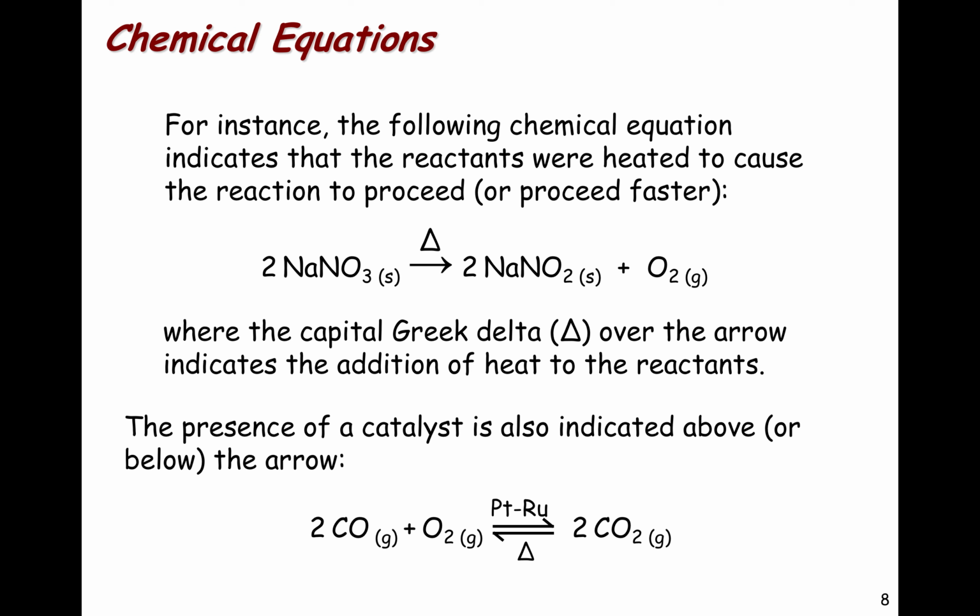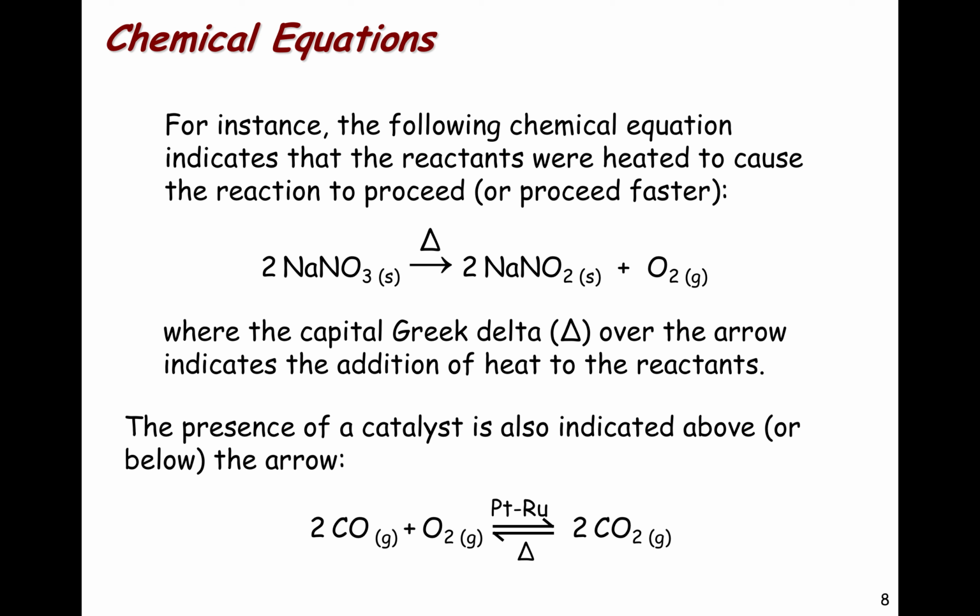The other kinds of information that you'll sometimes see above or possibly below the arrows could also be the addition of a possible catalyst. A catalyst is some substance that speeds up a chemical reaction. It takes part in the reaction but is neither a reactant nor a product of a chemical reaction.